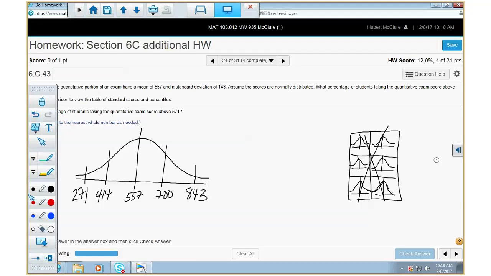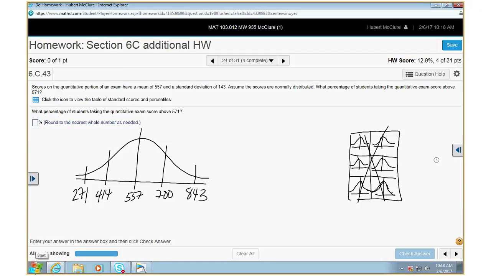All right, and it says what percentage of students qualifying score above 571. So 571, you can do your graduation marks here if you want to by saying half of 143 is 70. 70 plus 557 is 630. So this is around 630 right here. And then you can say, okay, if that's 630, then what's halfway between here?